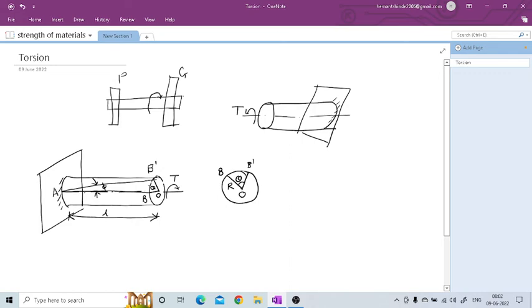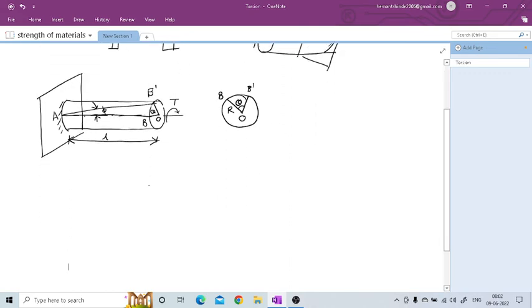Now to start with this derivation, I'll consider the arc BB dash. We can calculate this arc BB dash by using the formula: for any circle, arc is equal to radius into angle.